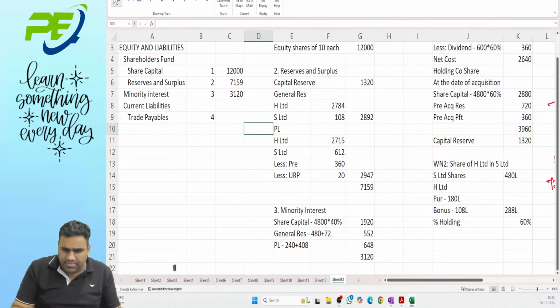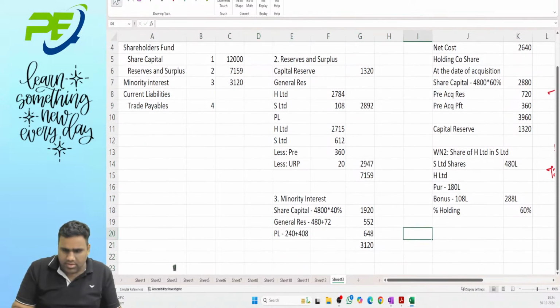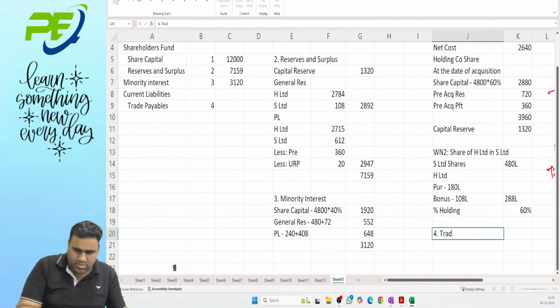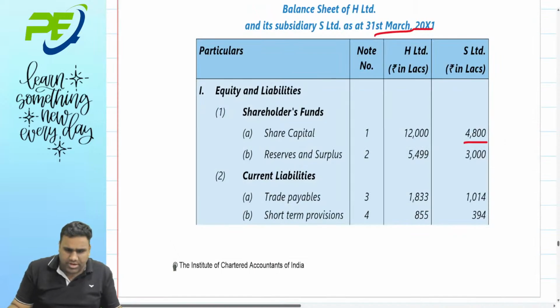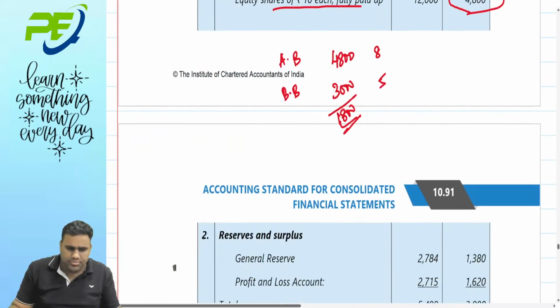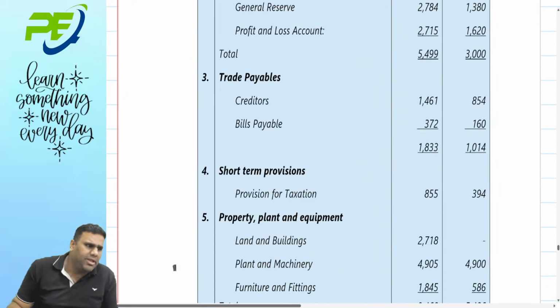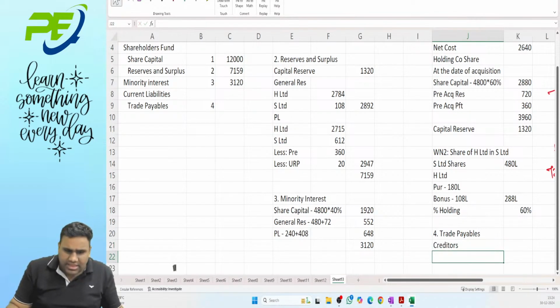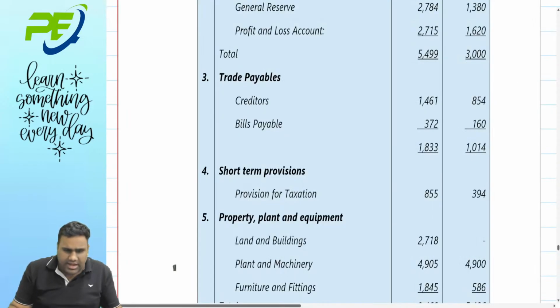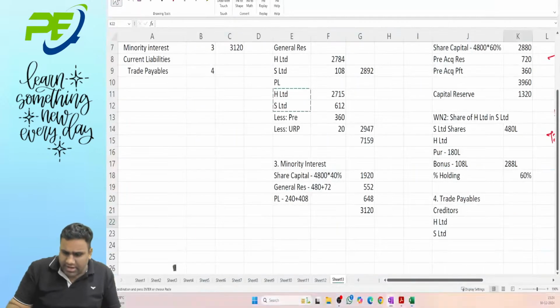Creditors, bills payable, any adjustment required? Intercompany owings. So creditors, H Limited and S Limited, no change here. Creditors 1461, 854.